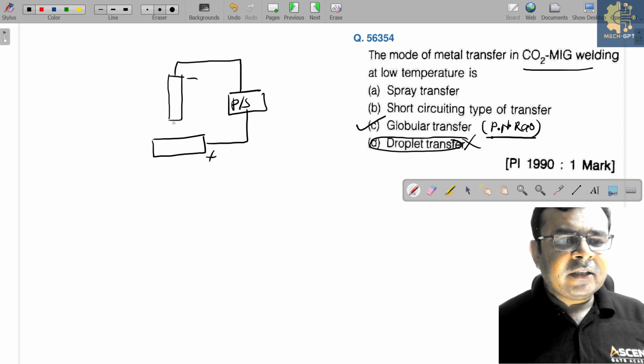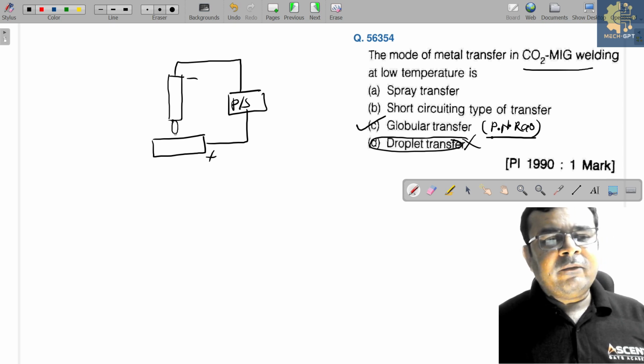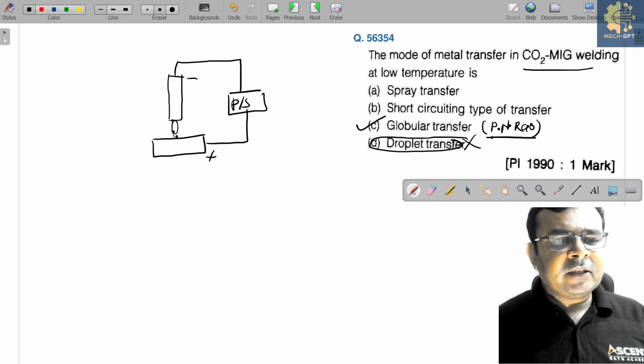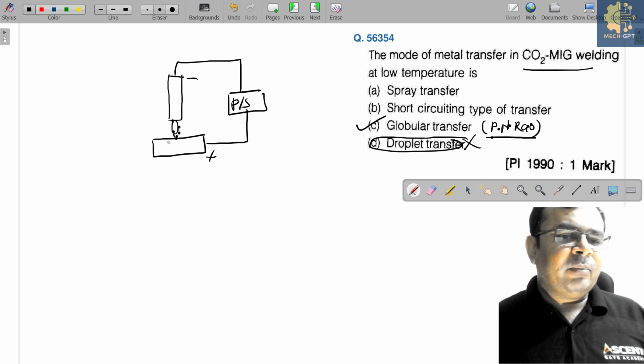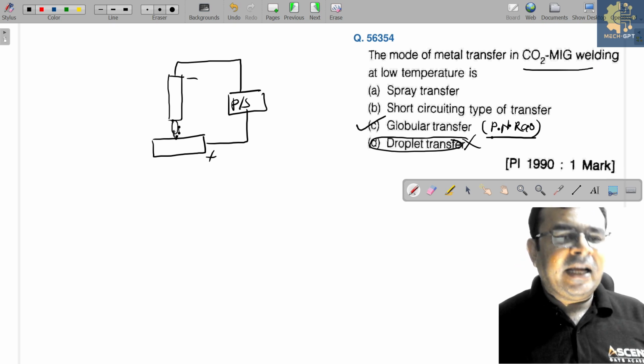And when you use more current, a larger size of globules may form. When these globules touch the surface of the workpiece, short circuiting takes place and then it will detach.